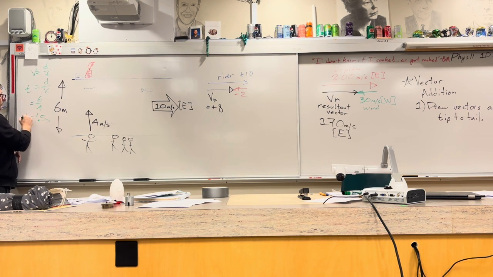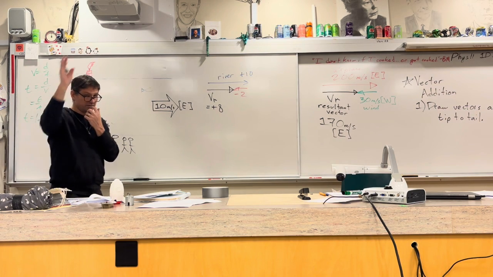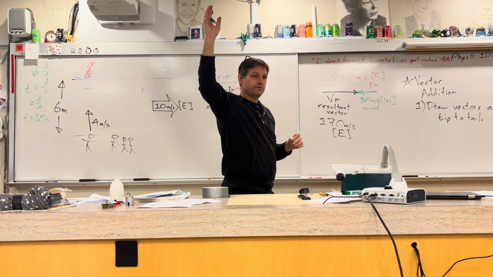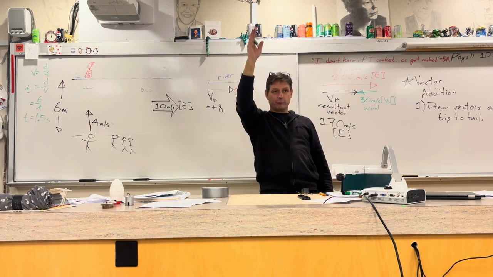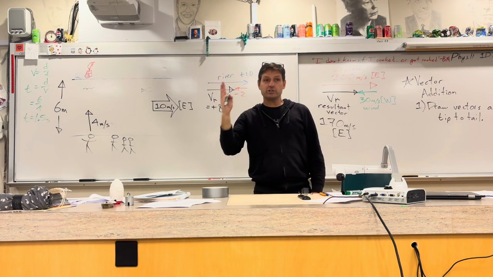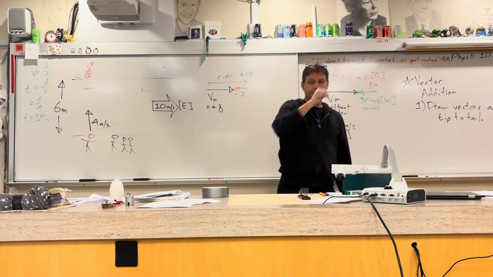If it takes her 1.5 seconds to swim across, what's happening while she swims? While she swims straight up, what else is happening? The river's pushing her all that time, right?